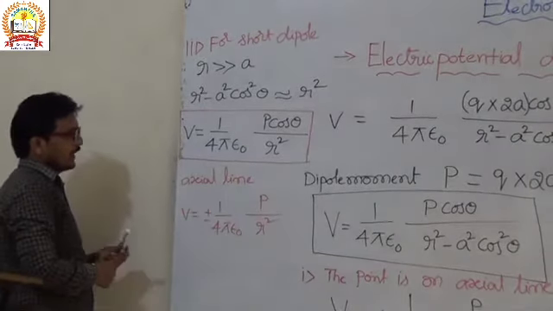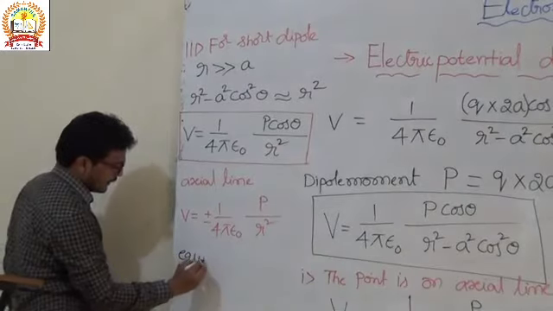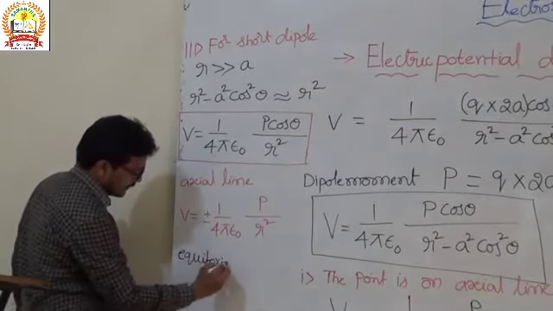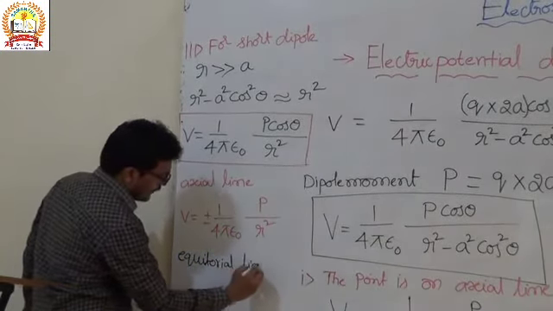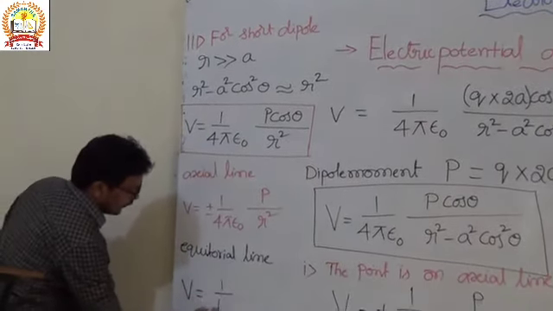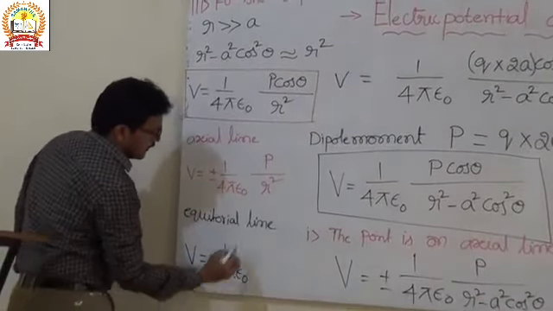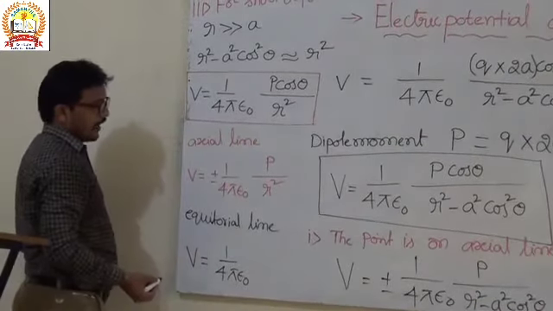For the equatorial line, the potential V is equal to 1 by 4 pi epsilon naught P cos theta by R square.